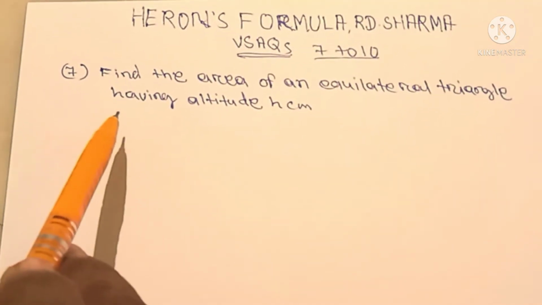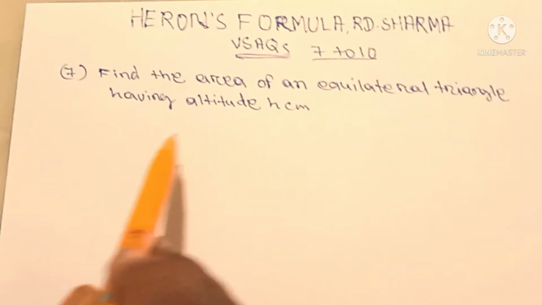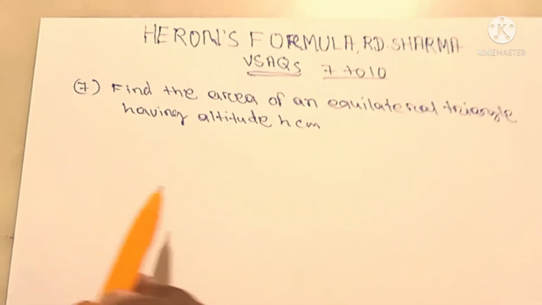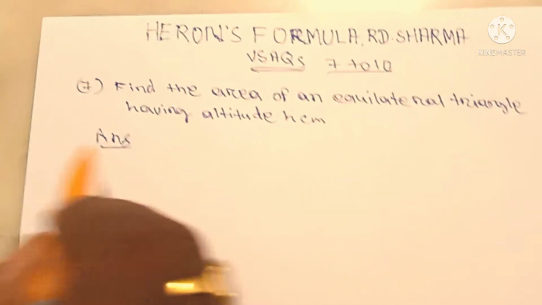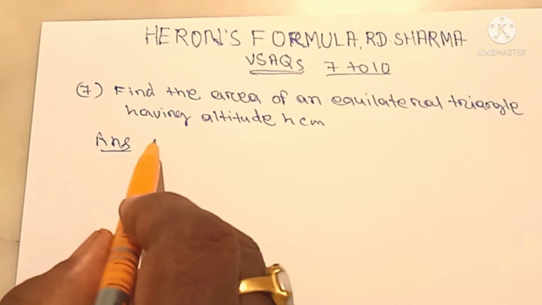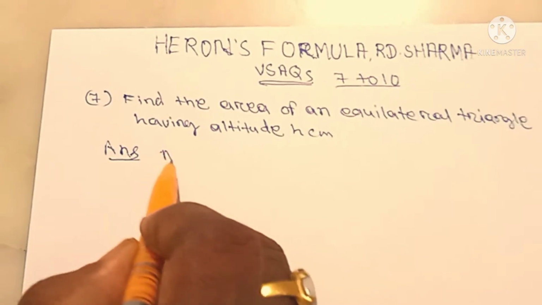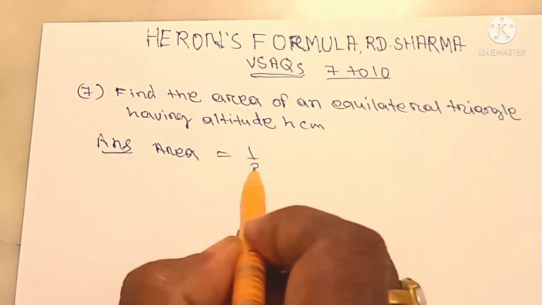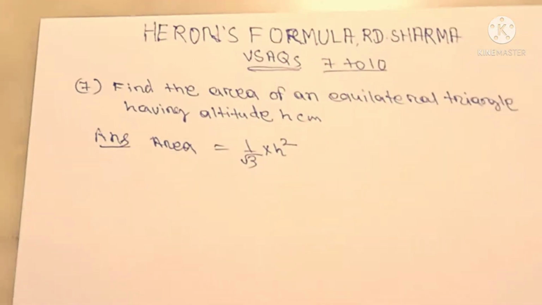Number 7. Find the area of an equilateral triangle having altitude h cm. Answer: area of equilateral triangle, the formula is area is equal to 1 by root 3 into h square.